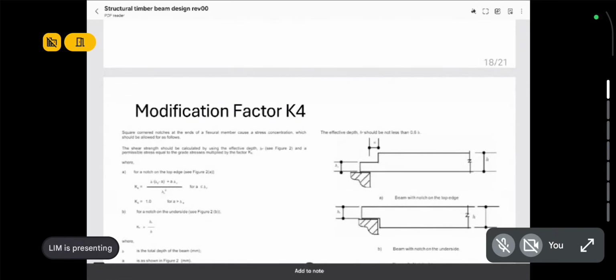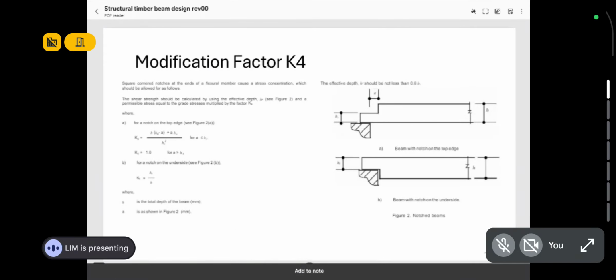Next is K4. K4 is slightly more complicated. When you support your beams, sometimes you will cut a notch in the ends of the beam to rest it on the support. This notch can be cut at the top and it can be cut at the bottom.